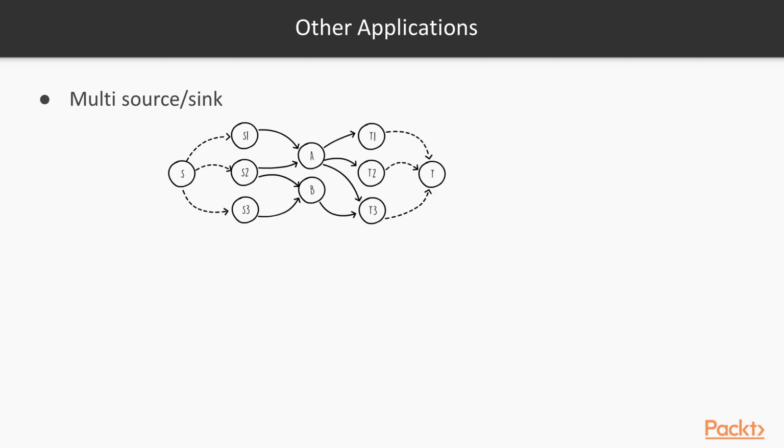To this, we can just add a single source master connected to all sources and a single master sink connected to all outputs from all the sinks. We can then use the same algorithms to determine the maximum flow. This allows us to extend the maximum flow algorithm to a wider range of applications.